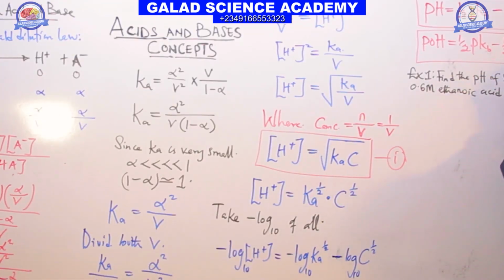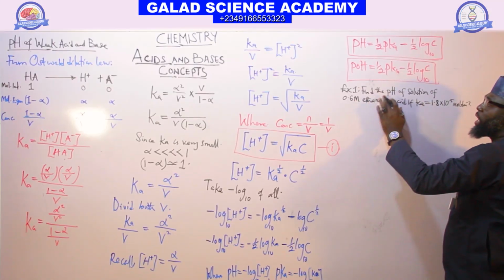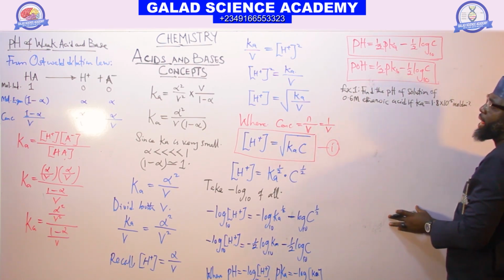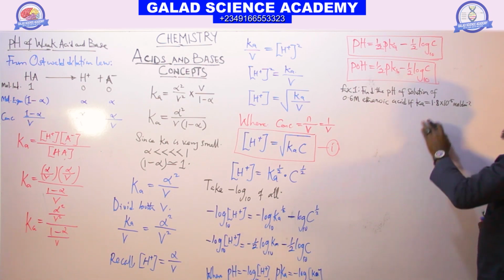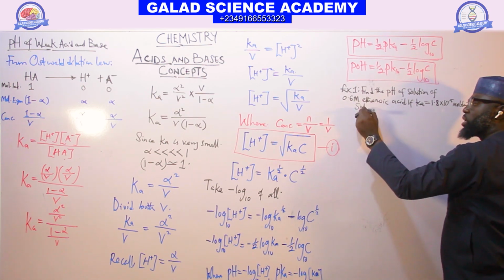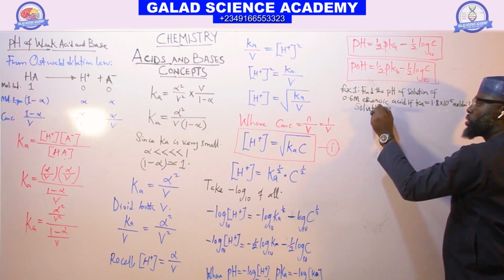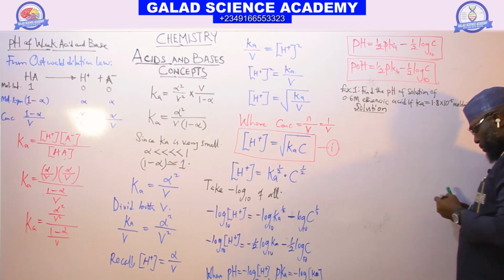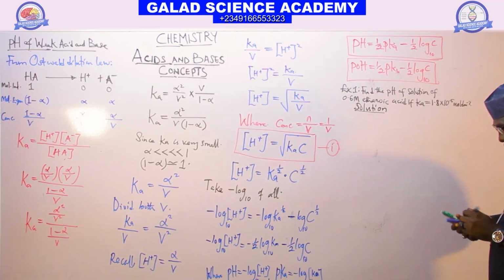Example: find the pH of a solution of 0.6 molar of ethanoic acid if Ka is this. What is the pH now?